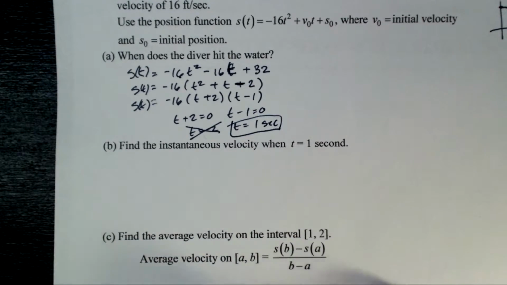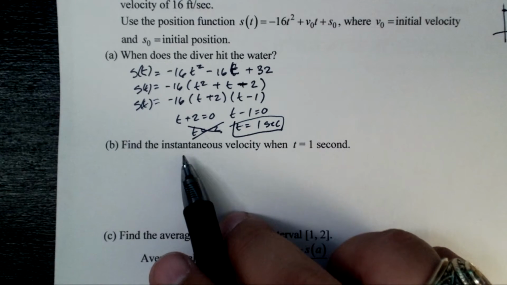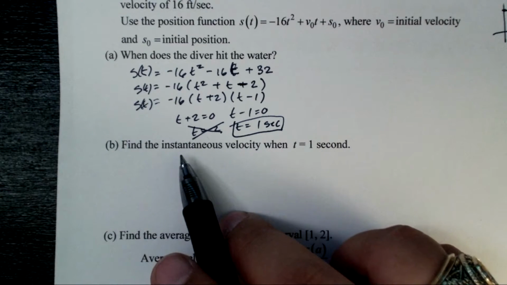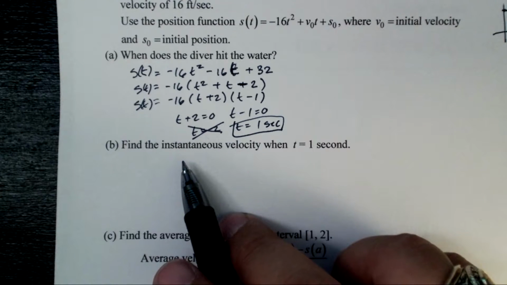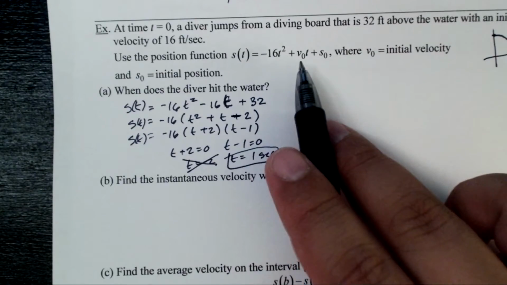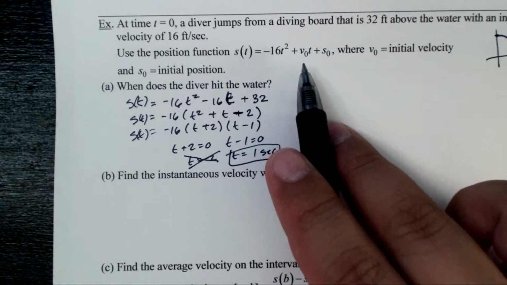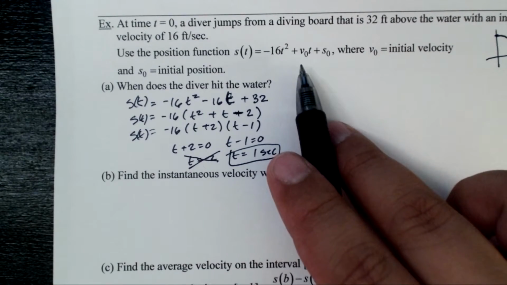The next part says, find the instantaneous velocity when t is equal to 1 second. Anything instantaneous we know to be the slope of the tangent line at t equals 1. So to find the slope of the tangent line of this function, we need to find s prime.